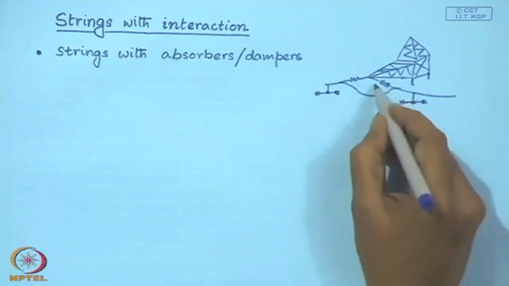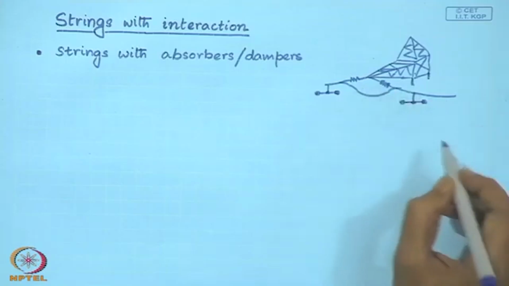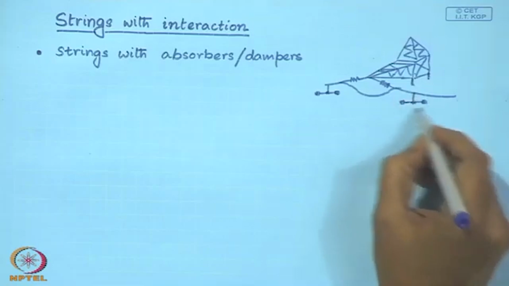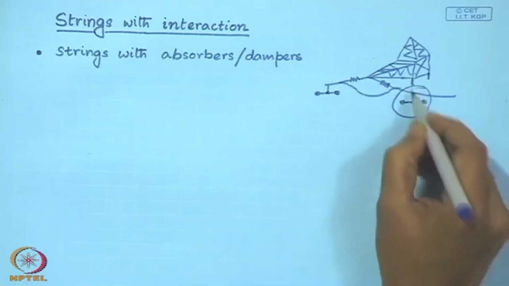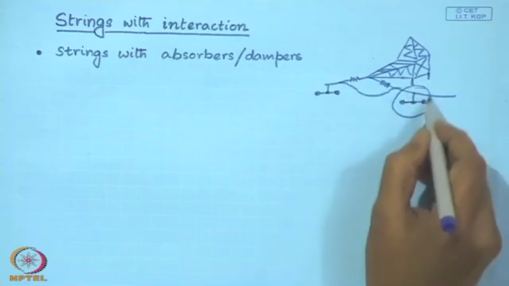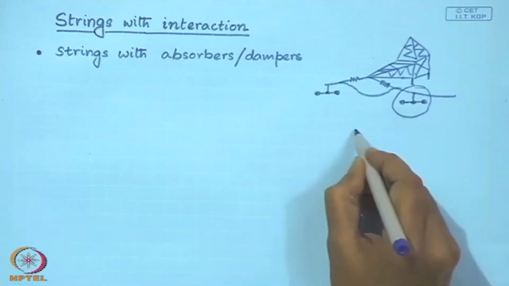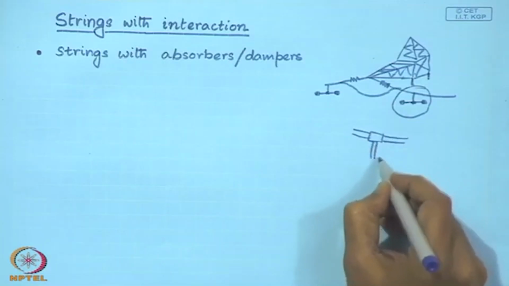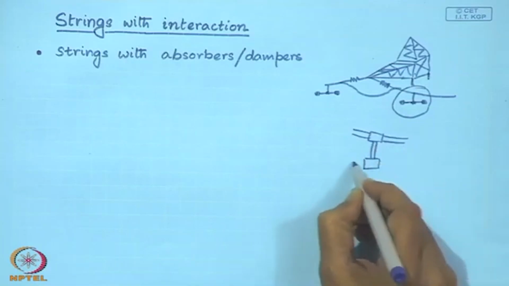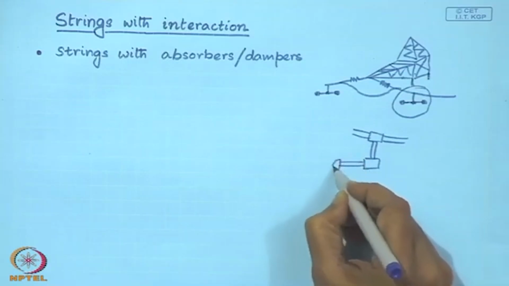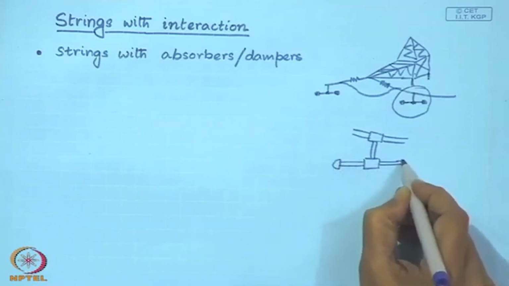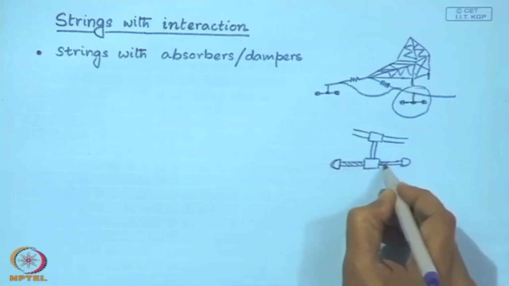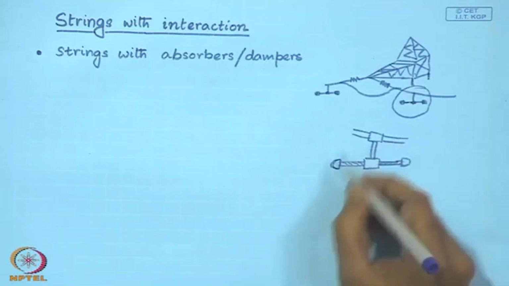This is a string, this is a span of a string, and near the support point you have this kind of attachment. If you look at these devices closely, they are mounted on this cable, and they look like this.